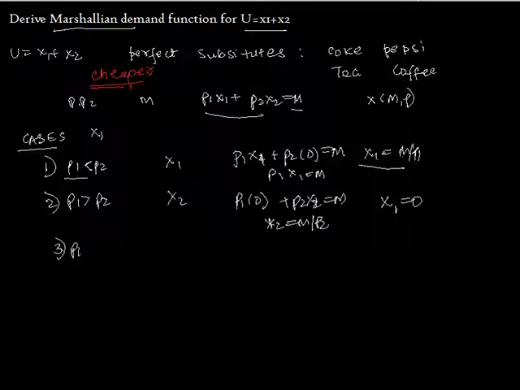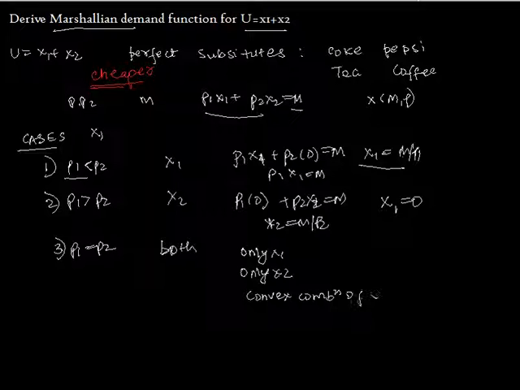Similarly, P1 equals P2. Then which one is the cheaper commodity? Both. You're indifferent. You can buy only x1, you can buy only x2, or you can even buy some convex combination of x1 and x2.